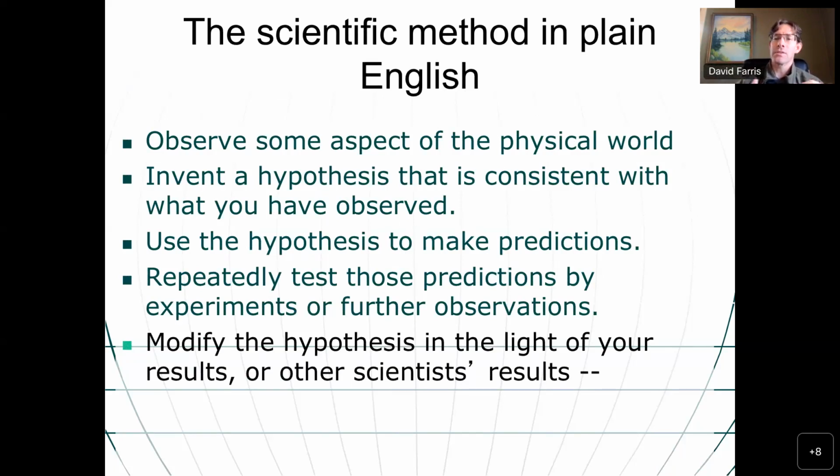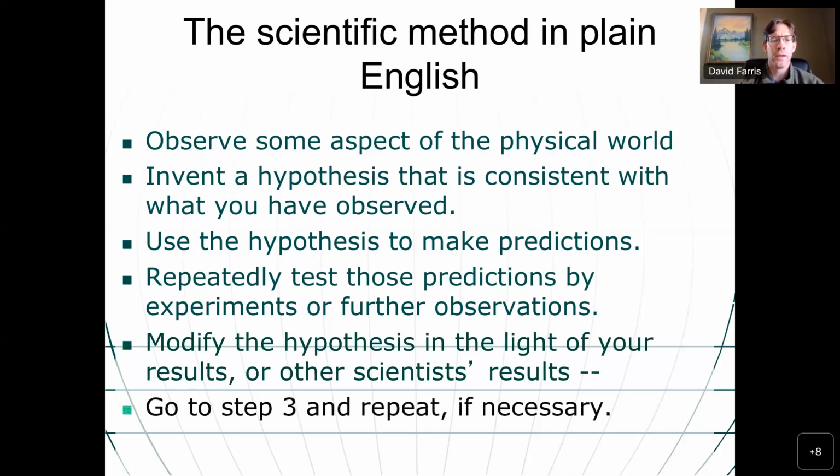Then you use that guess to make an inference, basically a prediction, about what's going to happen at a different time or place, and you see if that's true or not. You try to test that hypothesis. If your hypothesis passes that test, then you gain confidence in it. If it does not pass that test, then you have to modify your hypothesis. So there's sort of this loop in terms of how science works.